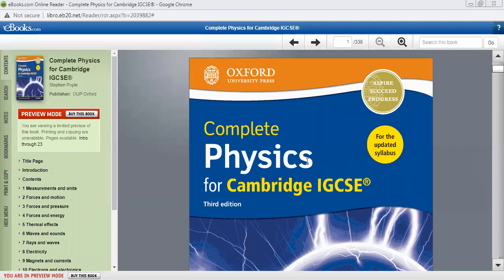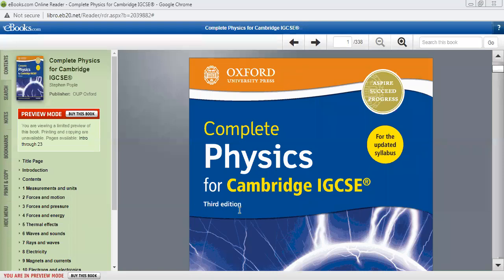But now I'm going to show you the shape of our book and the content that we're going to study in this year, inshallah. But don't be shocked, we're going to manage things together here. Okay, here is the cover of the book, Complete Physics for Cambridge IGCSE, the third edition.